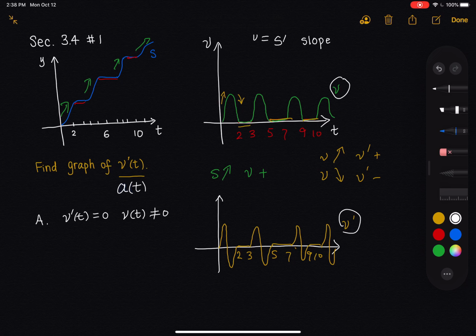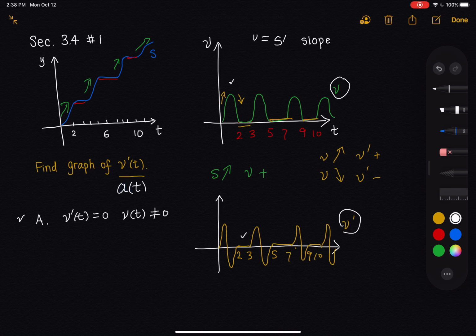We need to evaluate whether it's true, and we just need to look at the graph. Is there any time v prime of t is 0? Yes. Is there any time v of t is non-zero? We go back to the v graph. Yes, so choice A is correct.